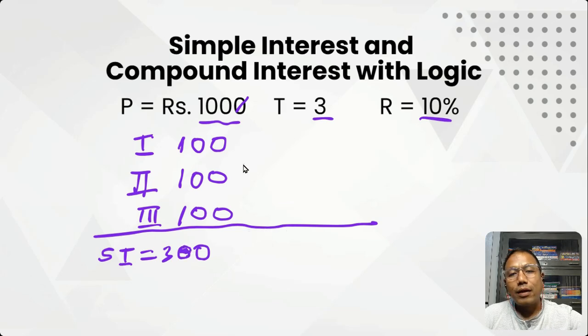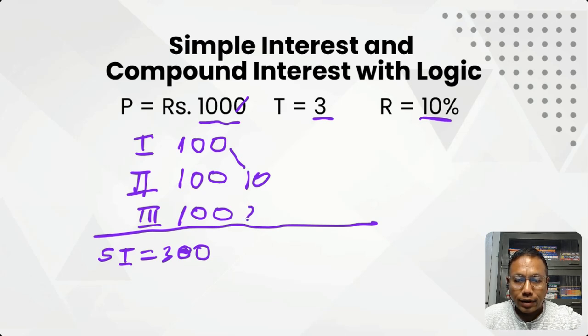Okay. Now to find compound interest, there will be an interest from the interest itself. 10% of 100 is, take out 10, we have 10. Now for the next, find 10% of 100 plus 100, 200, that is 20.